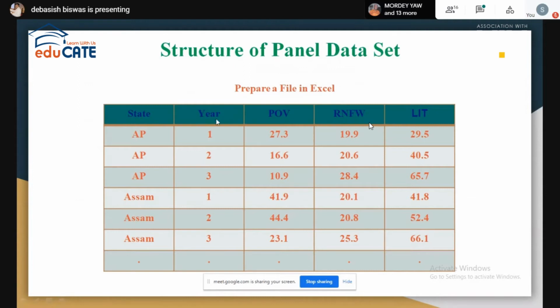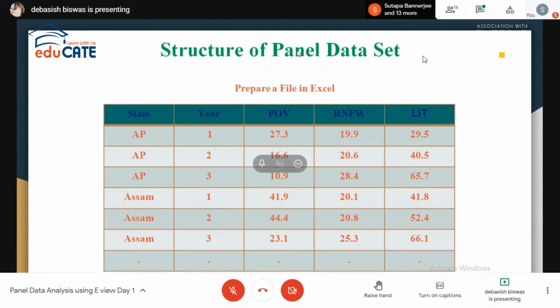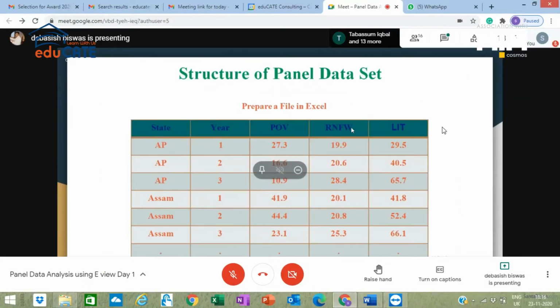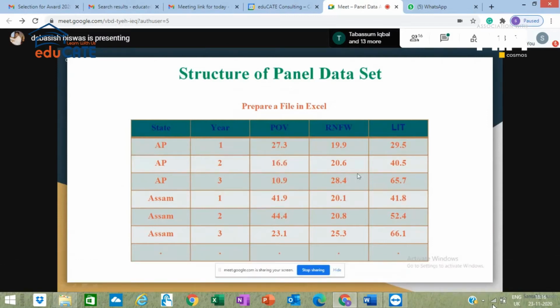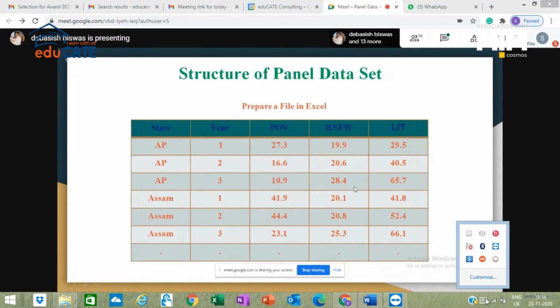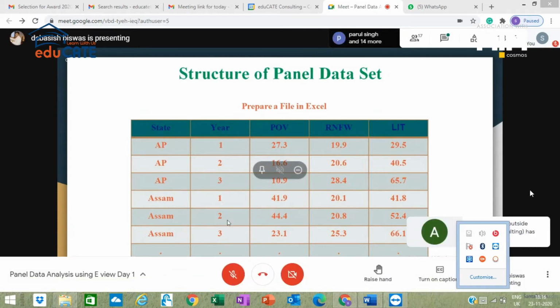Second, you have to specify your time unit. So it is a combination of both state and year. So it is panel. Now we have to write our variables which are going to be observed in different states and in different time periods.